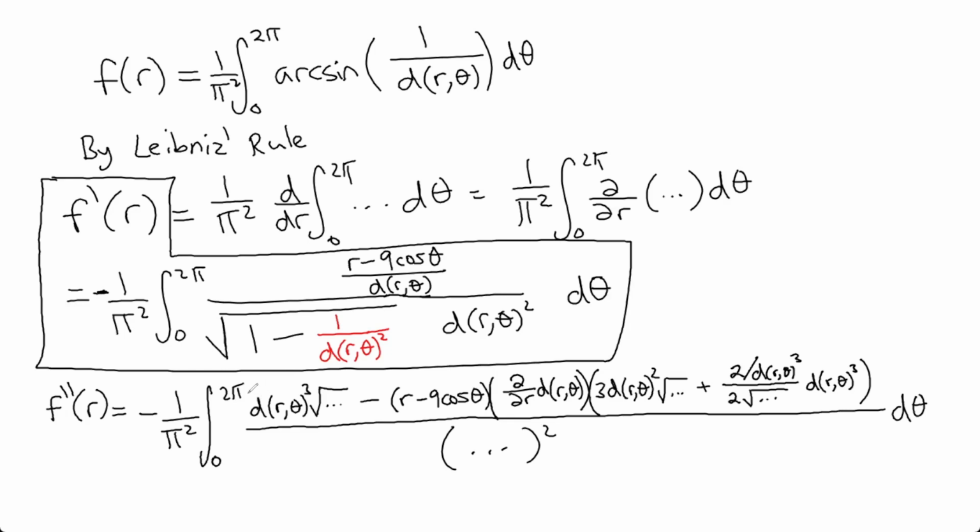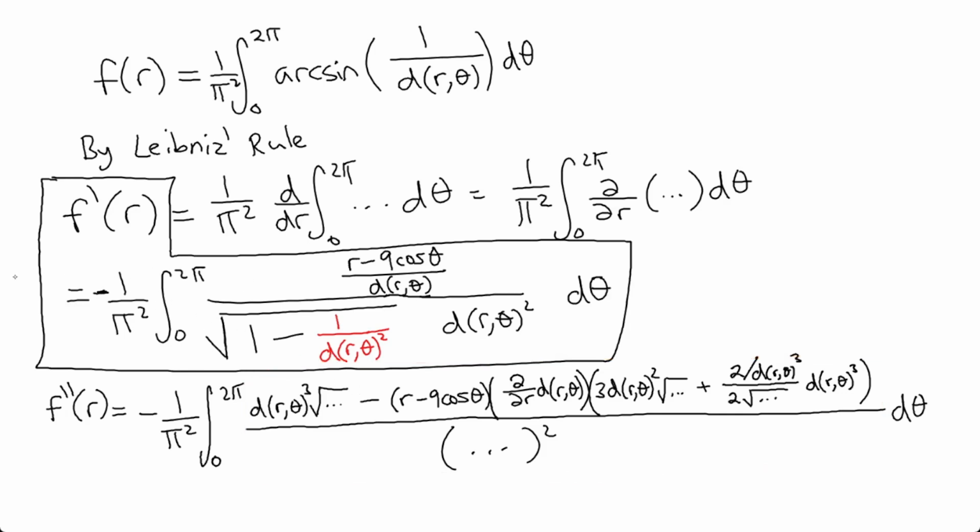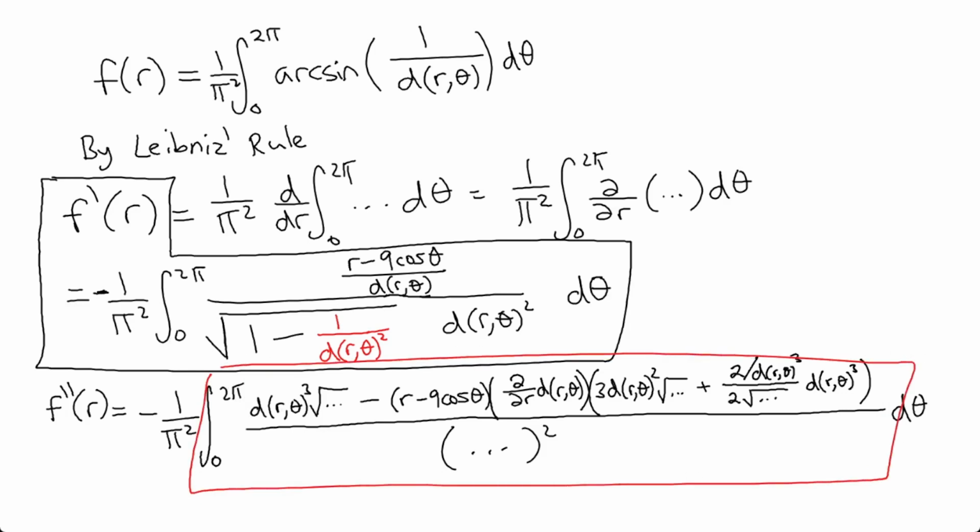Something that would be really convenient would be if this large integrand were never positive, only negative or 0. Because if that were the case, then when we integrate over a function which is less than or equal to 0, that result will be less than or equal to 0.